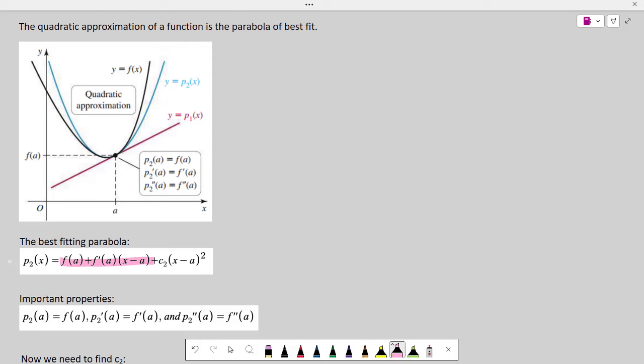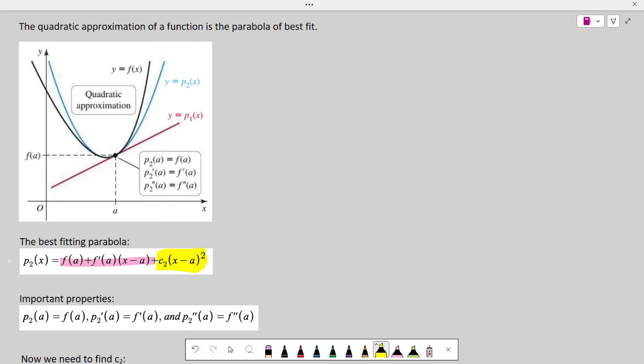So what we need to do is somehow create a second order term that is going to help match the concavity of our approximation with the concavity of the function. So we need it to be second order, but we also want to make sure that the value of the approximation and the value of the function still match.